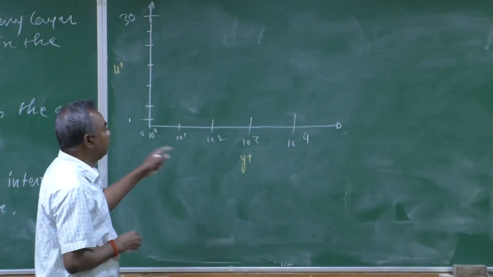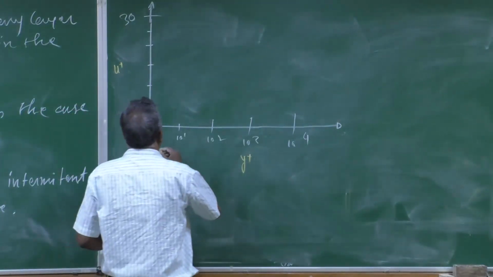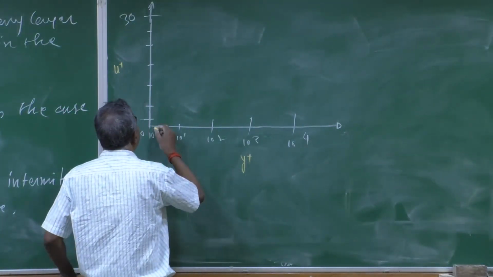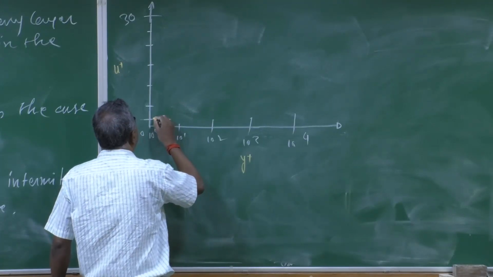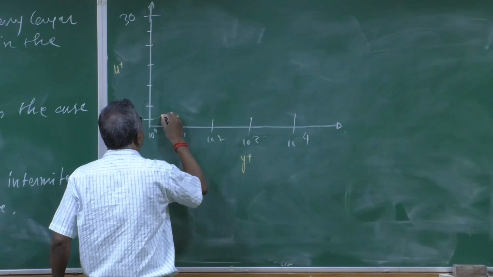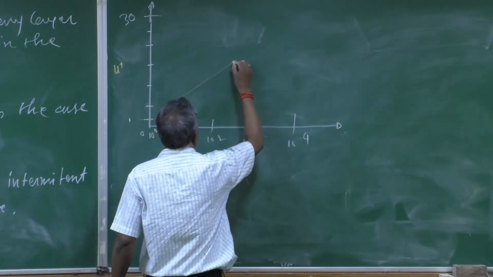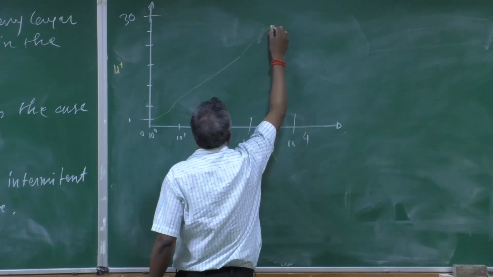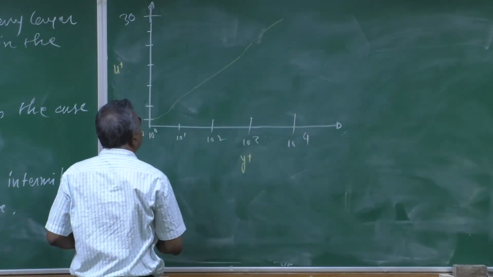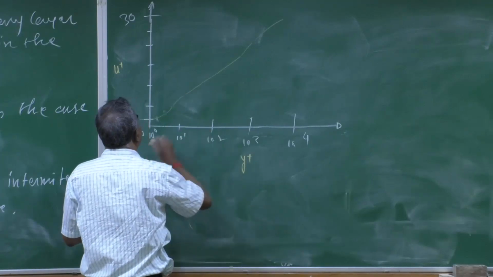Okay. So, if we plot this data, either measurement or your computational data, it is found to be like this. For example, the DNS data for turbulent boundary layer shows something like this. Okay. Let us consider this is a broken curve.